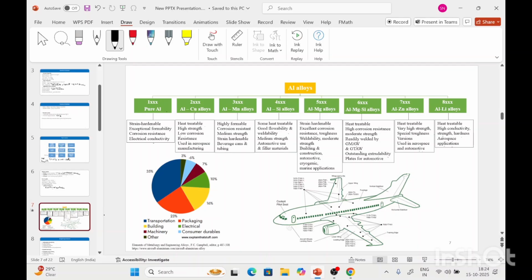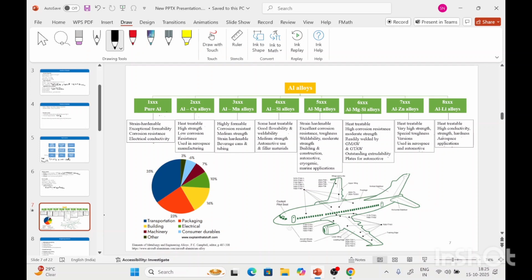The 1XXX series refers to pure aluminum, and if we add copper, that will result in the 2XXX series of aluminum copper alloy. Their properties are also shown in the box below.